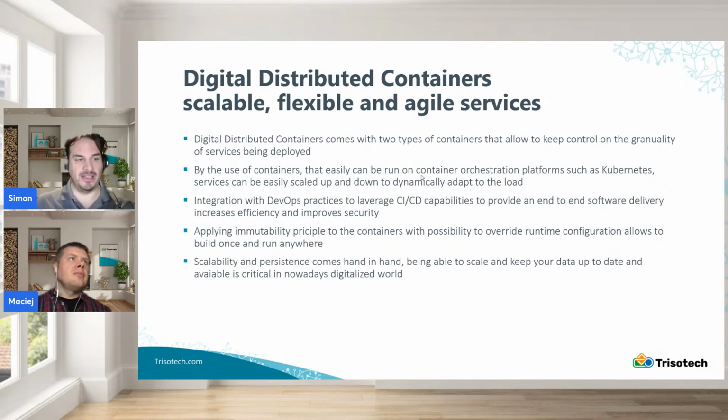The ability to change a container's dependencies on an external service, whether it's the URL of that service or the identity of that service, is not yet available on our production systems. We're currently finishing up the testing of these, and we're planning to release that in early January. So it will be available, but the digital distributed containers have been in production for a while and are available today.